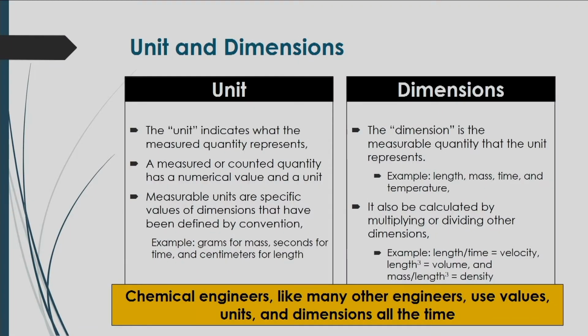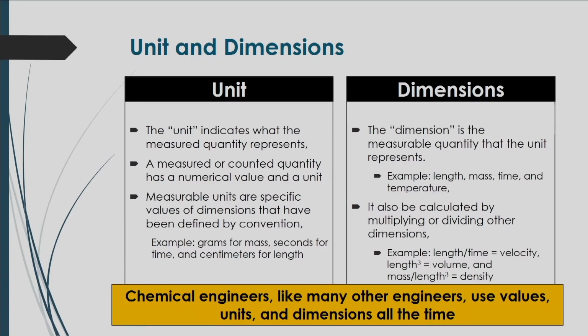Now, before going to that, you have to know the definition of a unit or dimension. The unit indicates what the measured quantity actually represents. A measured or counted quantity has a numerical value and a unit. Measurable units are specific values of dimensions that have been defined by convention.